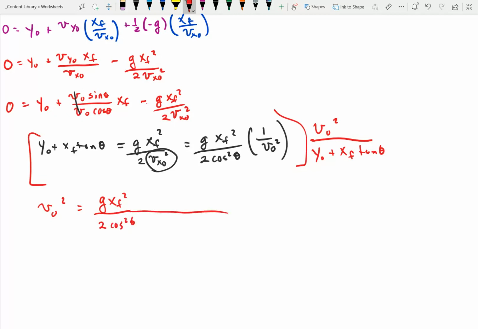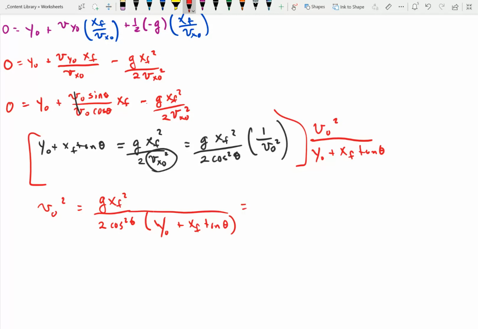And then I had divided by, so here I have y0 plus x final tangent theta. And that's, yeah, I think I did that right.